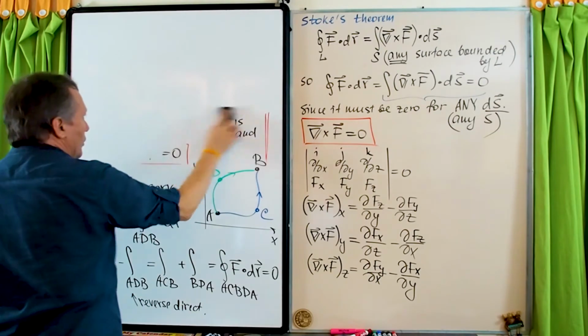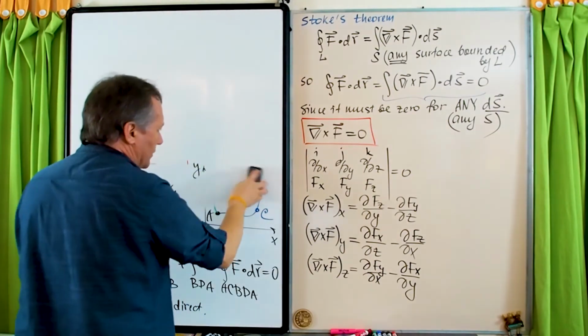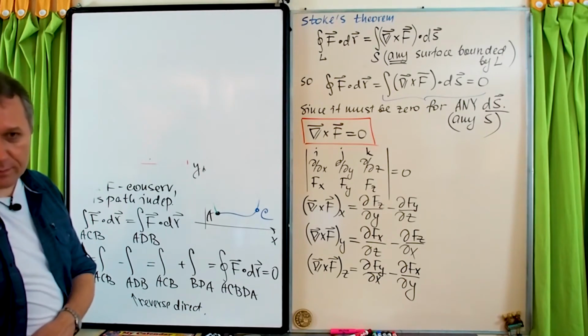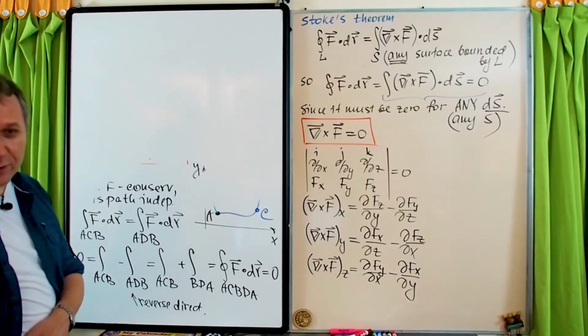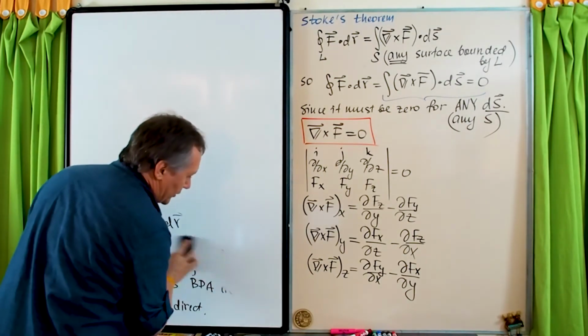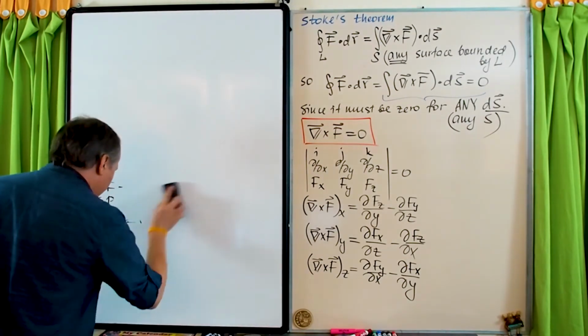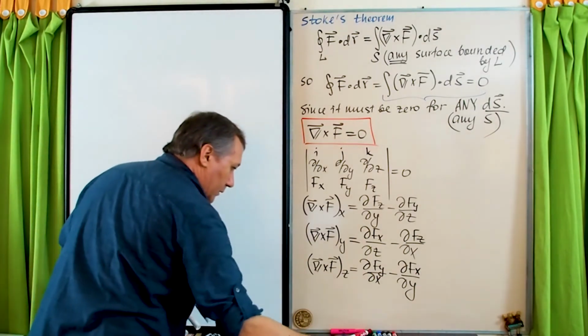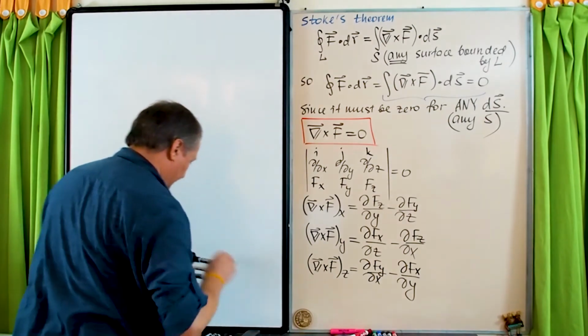Right? And then in your homework there will be some other functions to analyze. First, if it's conservative, and then you will have to find the potential energy and so on in a similar way. So, example.